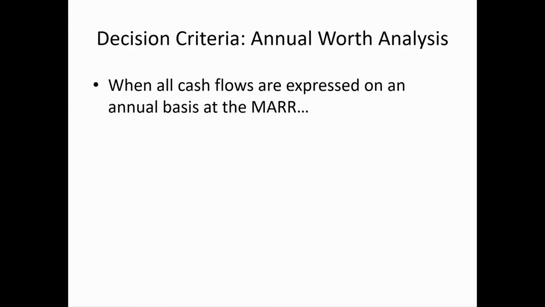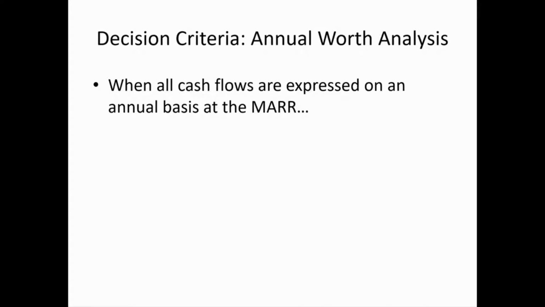In present worth analysis, the decision criteria was that we would choose the alternative that had the highest positive present worth. In future worth analysis, remember the decision criteria there is that you choose the alternative that has the highest positive future worth.